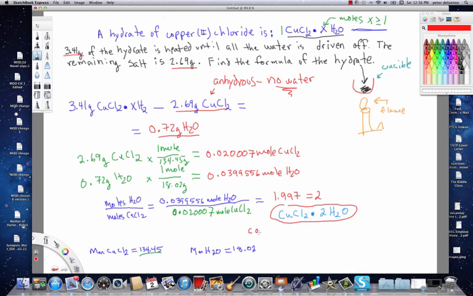So it's going to be copper 2, because it's copper plus 2, chloride, and then there are 2 H2Os, so it will be di, and then the word hydrate.